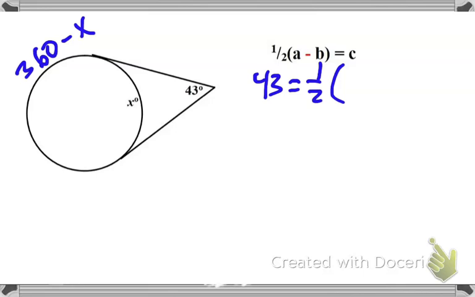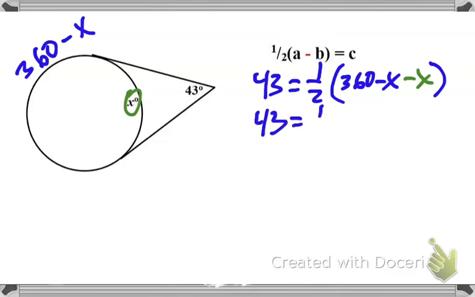So we have 360 minus x. So that's the big arc minus the little arc. And the little arc is x, so minus x right there. Okay, so let's do that. I'm going to simplify this before we solve it. So 43 equals 1/2, 360 minus x, so that would be 360 minus 2x.